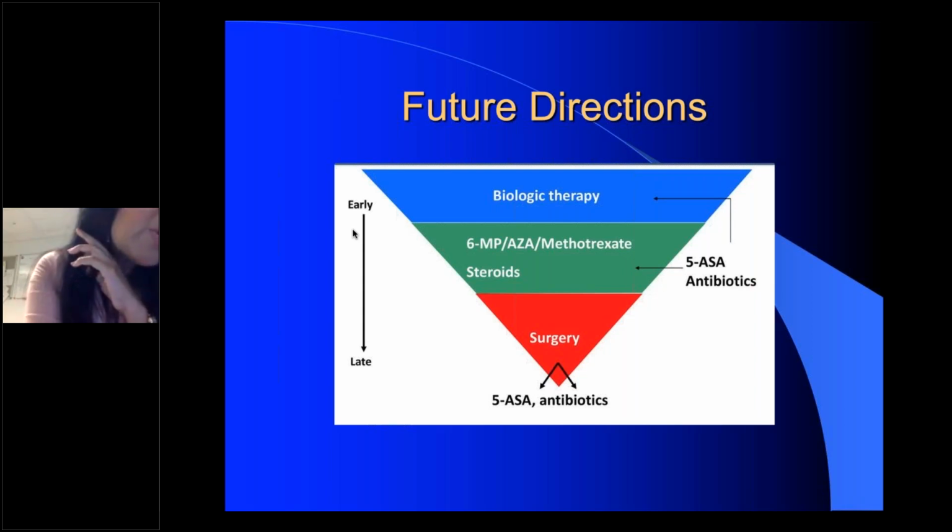And a lovely question has just come up on how do we choose which biologic agent to use? And that's really a great question, because it brings me quite nicely to this slide that I'm showing you now about our pyramid that's turned upside down. And that's how do we decide which child needs a biological therapy first and which one? So the first thing to say, which is quite an easy answer, is the first biologic our children will get is always going to be an anti-TNF alpha at the moment.